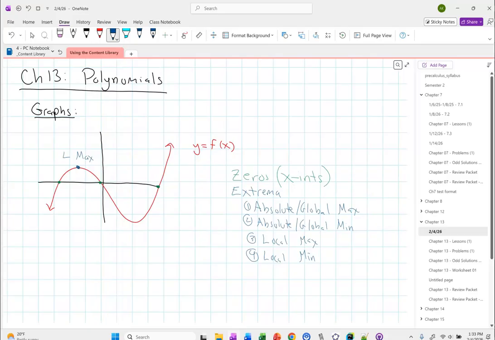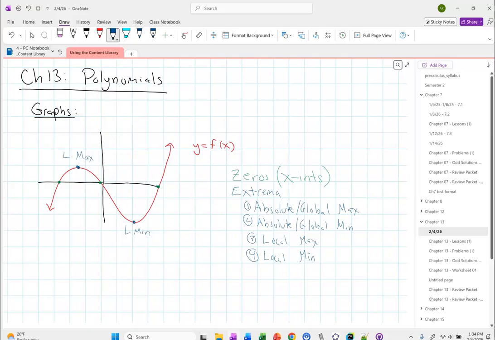Is there going to be a local minimum? Yeah. It's right down here at this valley, right? Is everybody okay with how to identify a local maximum or minimum just by looking at the picture? Should be pretty easy, right?